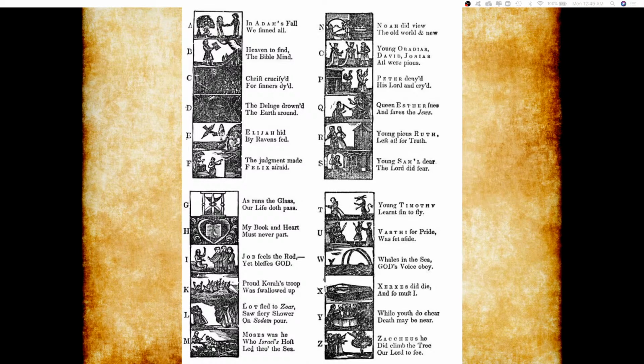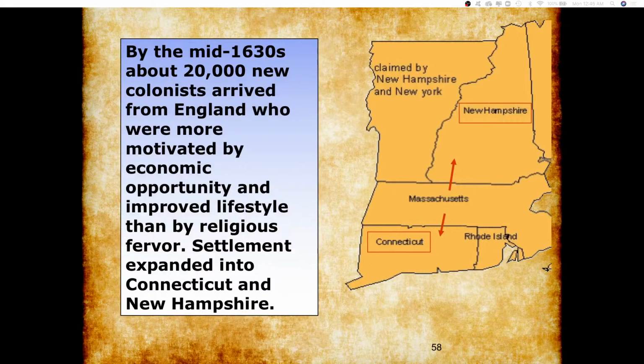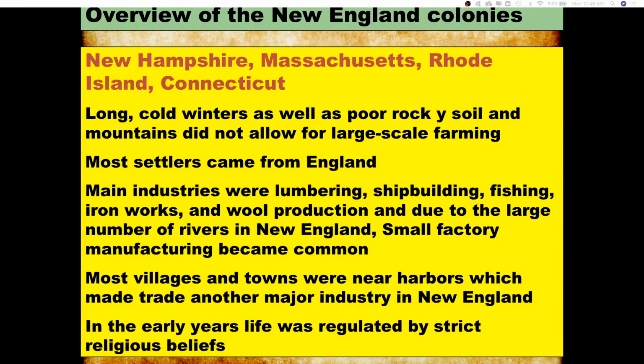So, alright, let's go ahead and talk about the larger colonial region now. There's going to be a lot of people going to New England. Like, a lot. They're motivated by the economic opportunities that they see here. Although New England does not do agriculture because, like we said, guys, they have long, cold winters, poor, rocky soil, and mountains.